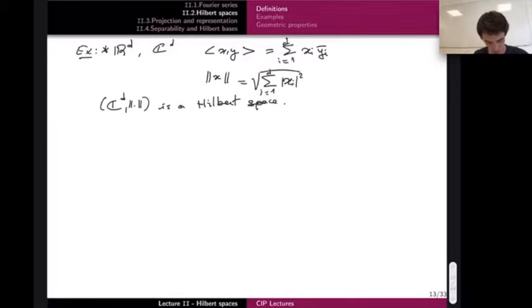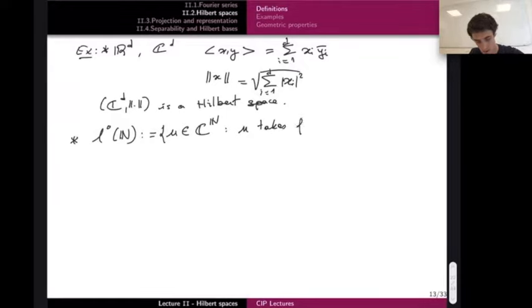Let me go to a bit more difficult one in infinite dimensions. So we will consider the space of sequences L0 of N, the set of sequences u which take values in C, for instance, such that u takes only finitely many non-zero values.